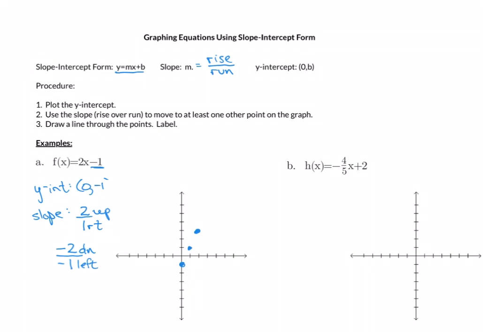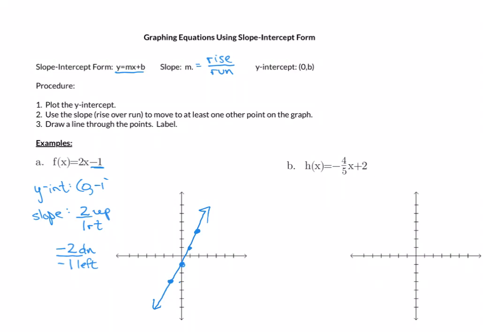So from any point on our graph, we can go 2 down, 1 left, and we should be right about here. If you notice, they all lay on a line. And so now if we go ahead and connect our points, we should get something that looks like this.